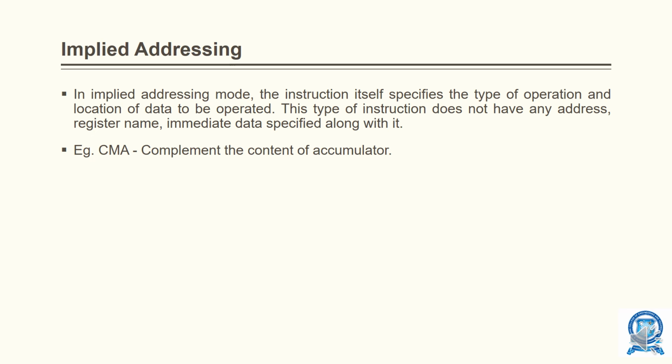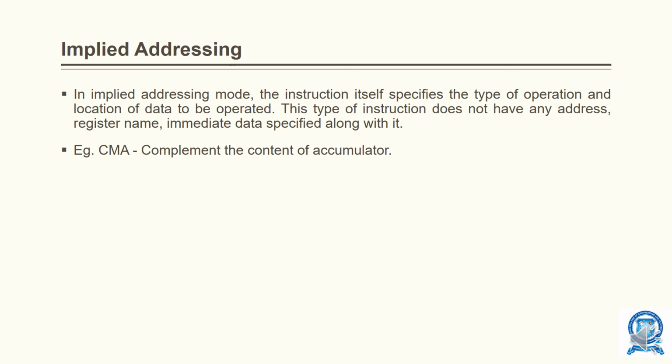So the next one is implied addressing, otherwise known as indexed addressing. In implied addressing mode, the instruction itself specifies the type of operation and the location of the data or operand. This type of instruction does not have any address or register name. Such type of addressing we call implied addressing or indexed addressing.